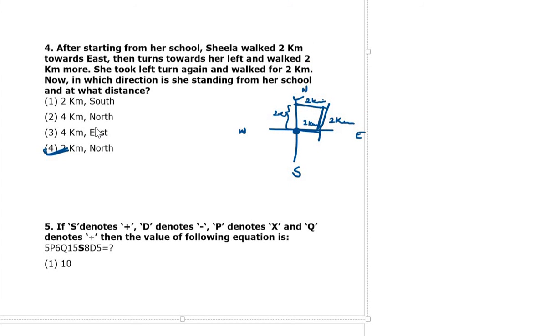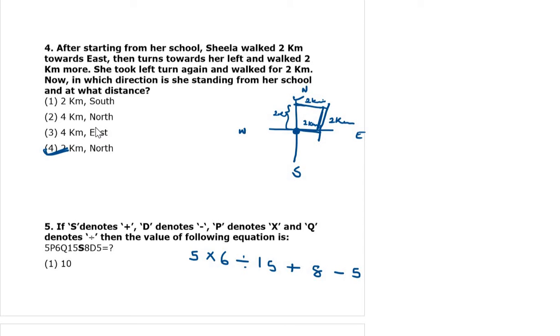Fifth one. S denotes plus, D denotes minus. So some letters denote the symbols. So you have to convert the letters to symbols and find out the answer using the BODMAS rule. So 5 is here. P means cross into 6. Q denotes division. Okay. 15. S denotes plus 8. D denotes minus 5. So now we know the calculation.